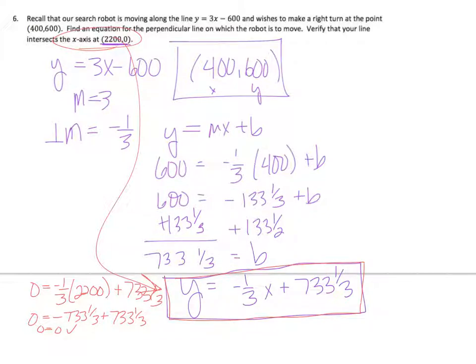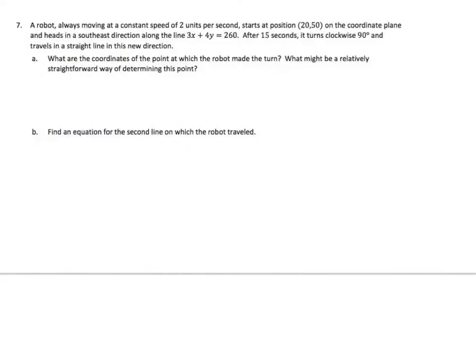So life is grand. A robot, always moving at a constant speed of 2 units per second, starts at position 20, 50 on the coordinate plane and heads southeast in a direction along this line. After 15 seconds, it turns clockwise 90 degrees and travels in a straight line in this new direction.